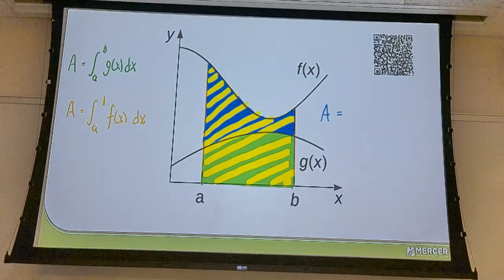Remember in geometry when you were finding areas, you would sometimes do that.